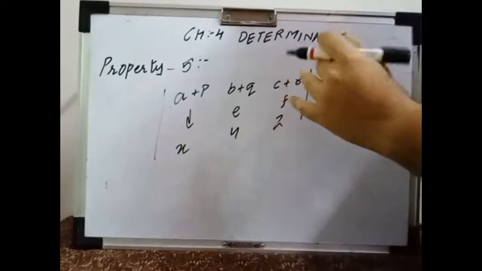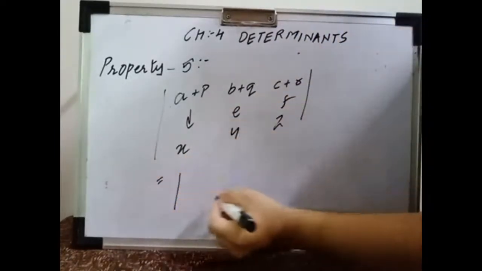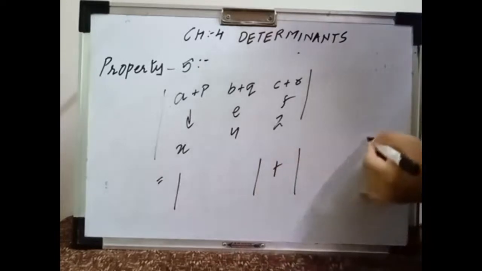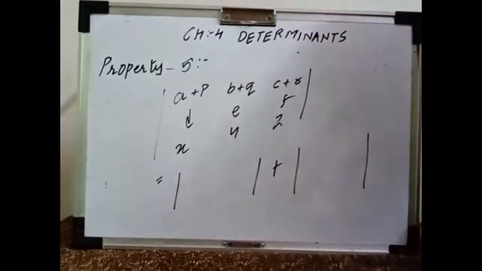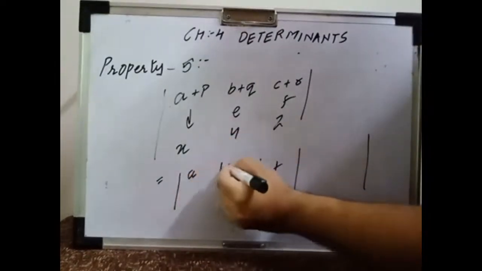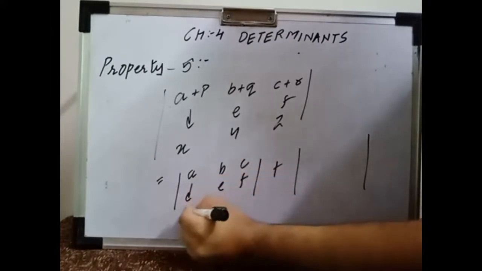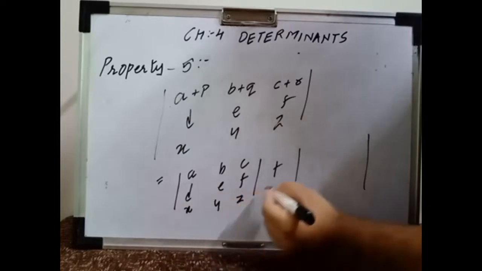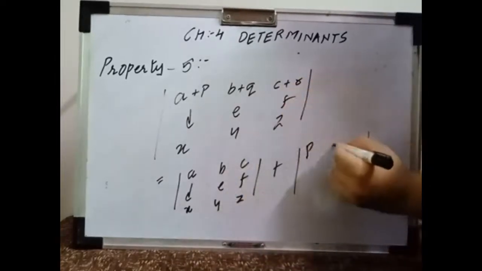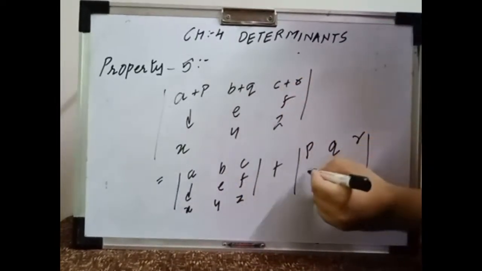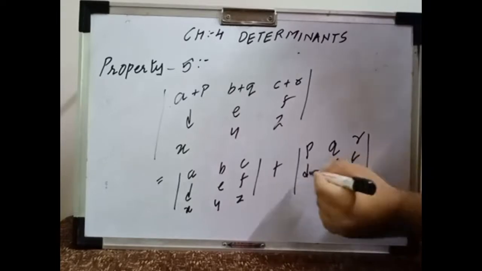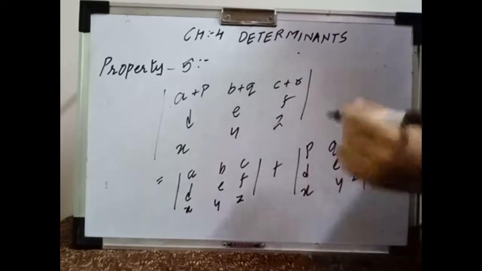Then I can split this determinant into the summation of two determinants: a, b, c, d, e, f, x, y, z plus p, q, r, d, e, f, x, y, z.